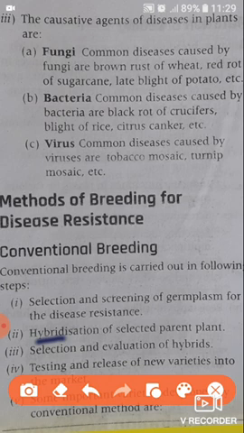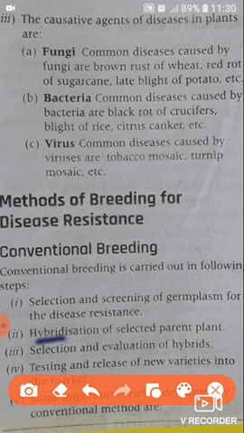Basically, if we talk about the different conditions in our surroundings, by using these conventional methods, we have developed different varieties of different cereals.